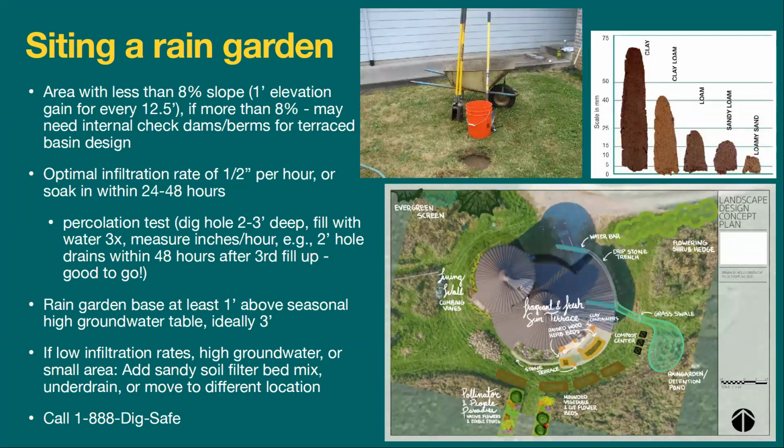And then if you do have low infiltration rates, so that could be a lot of clay in your soils, you may need to add that sandy soil filter bed mix. So digging a little bit deeper and then adding some sand, mixing it with a little bit of native soil, and that will help increase your infiltration rates. And also call Dig Safe, make sure there's nothing critical under where you're digging.